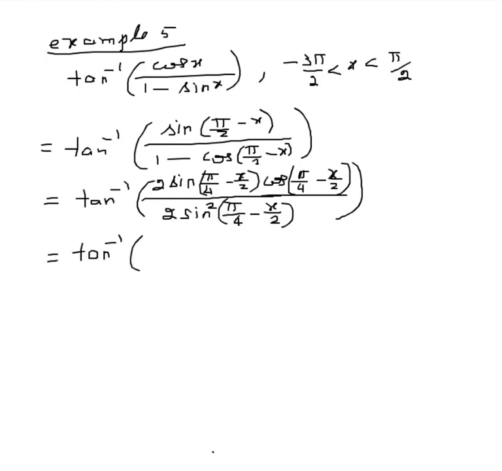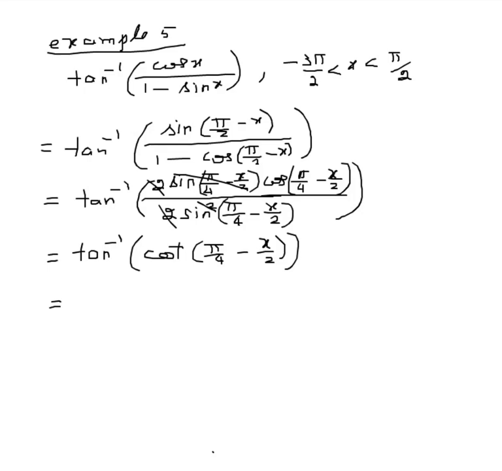Tan inverse of, we can cancel one sine function. Cos divided by sine is cot of pi by 4 minus x by 2. Either you change cot to tan or tan inverse to cot inverse.